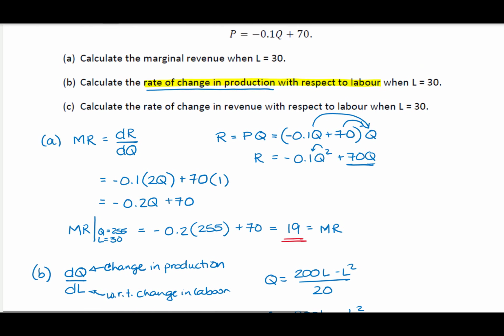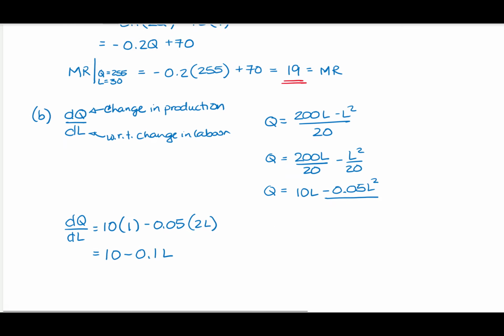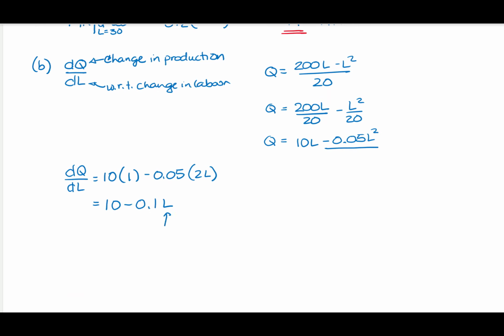Now, I want a little more than that. It's asking me to solve for when L is equal to 30. That means when L is equal to 30, I need to substitute that into this expression. So dQ by dL when L is equal to 30, which, by the way, is the same thing as when Q is equal to 255. I learned that in part A, though it's not necessary here.